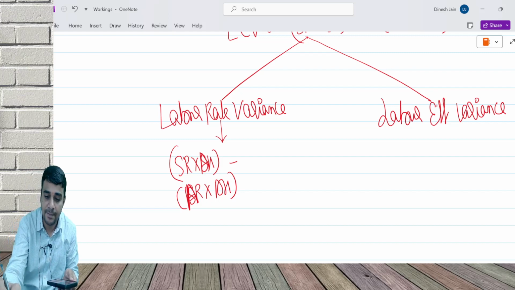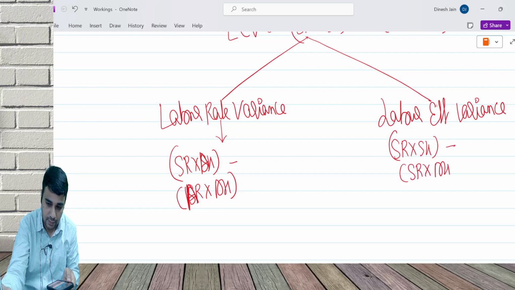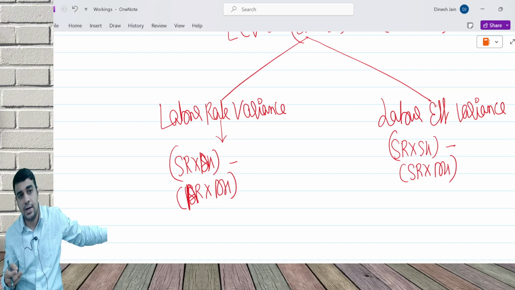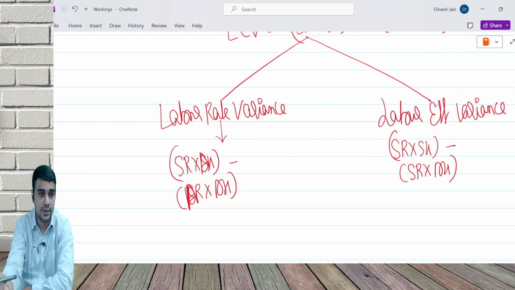Efficiency is SR into SH minus SR into AH. Clear? Any doubts on this?